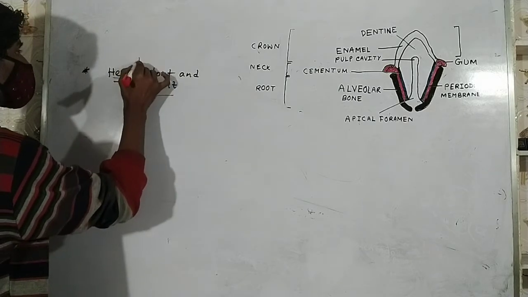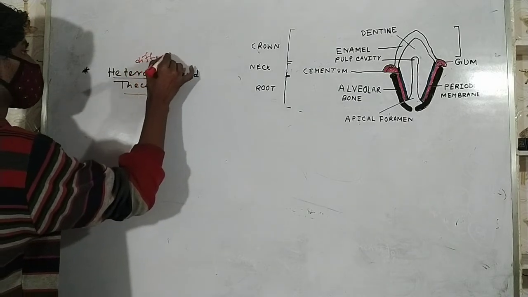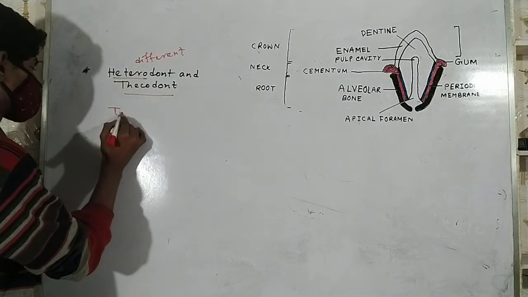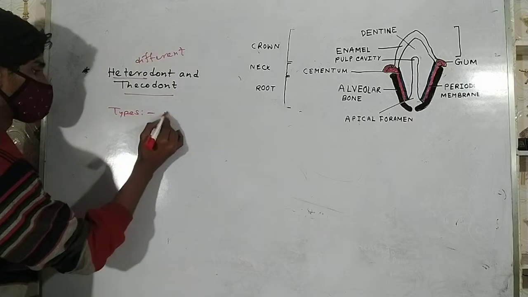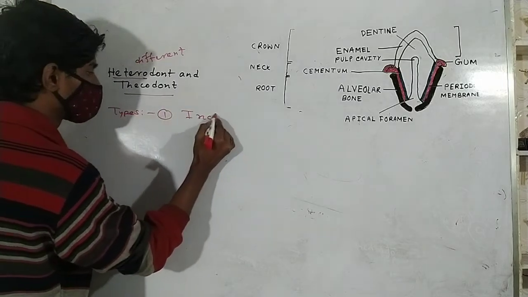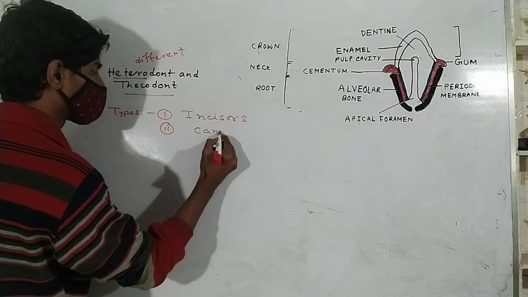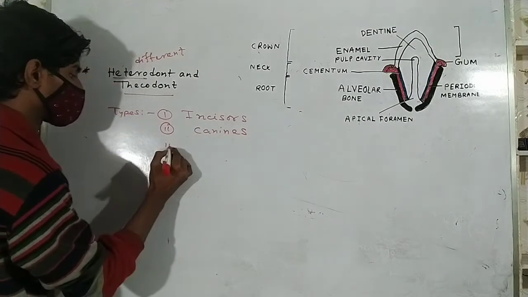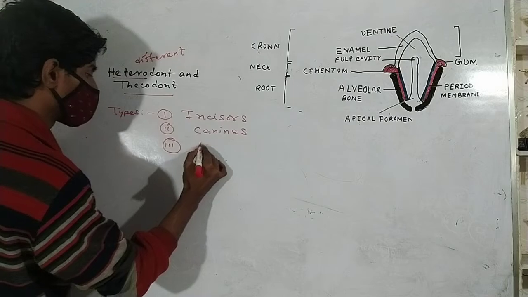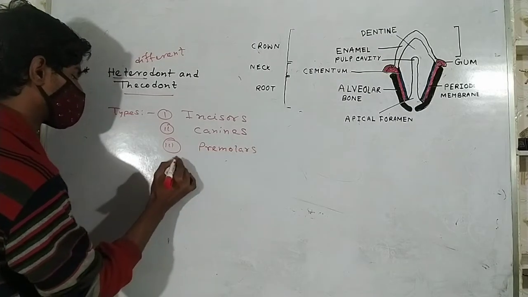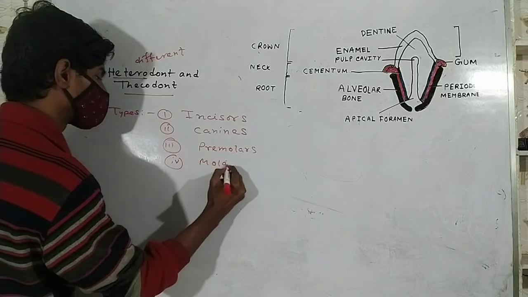Hetero means different, because we have various types of teeth. The types are: number 1, incisors; number 2, canines; number 3, premolars; number 4, molars.